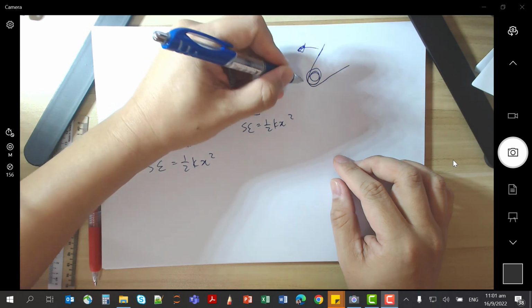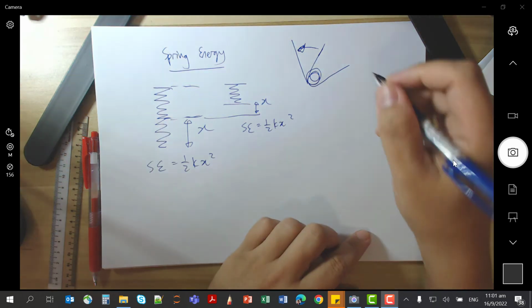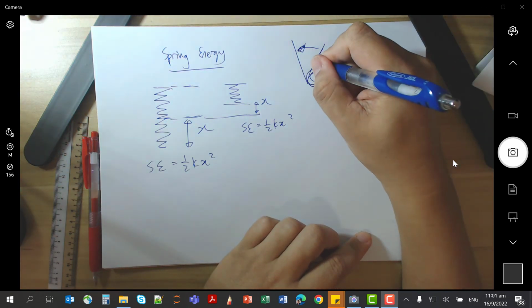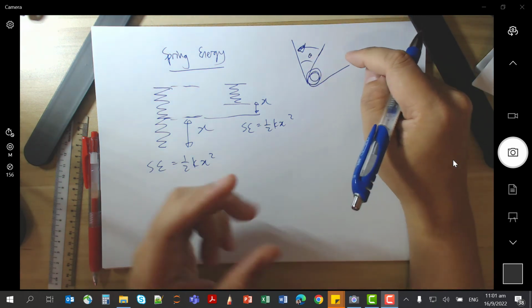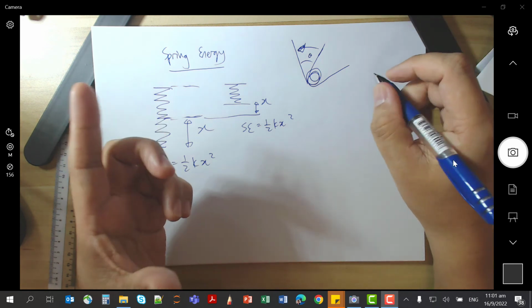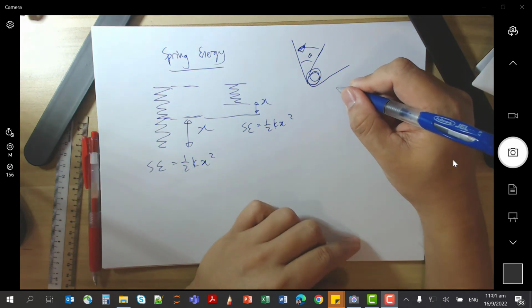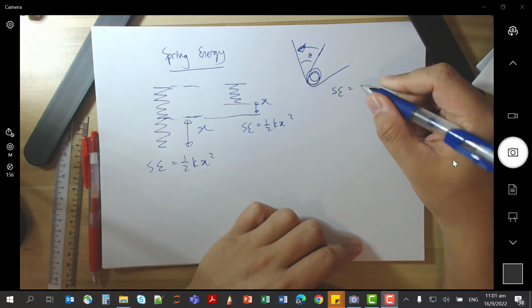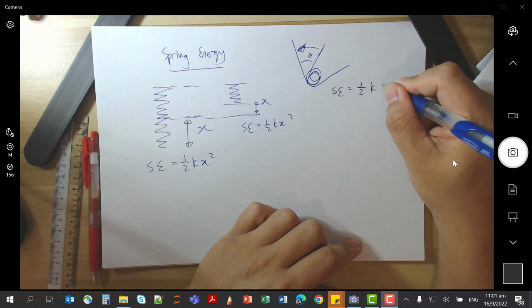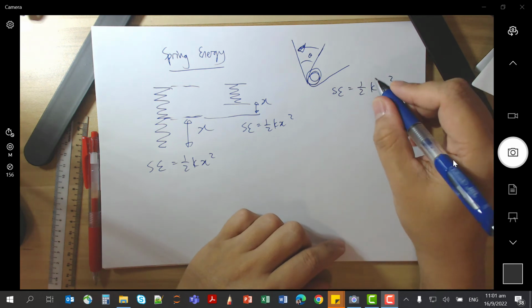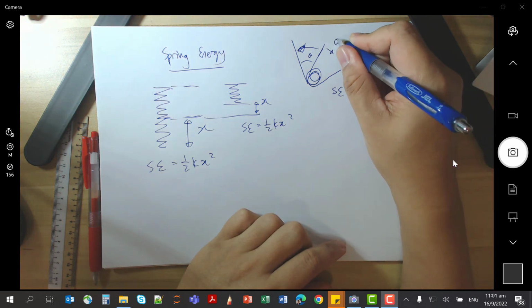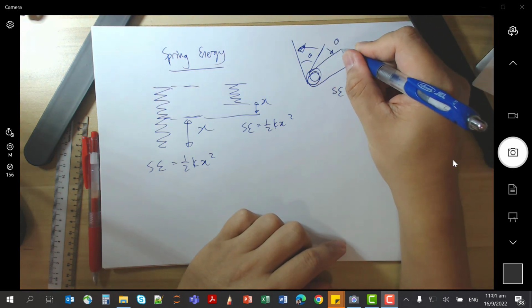You pull it by this much, theta. The angle now is the angle of extension. So this kind of spring will also have spring energy, which will be half k theta squared. Likewise, if you compress it the other way, it's also the same. It has a certain spring energy.